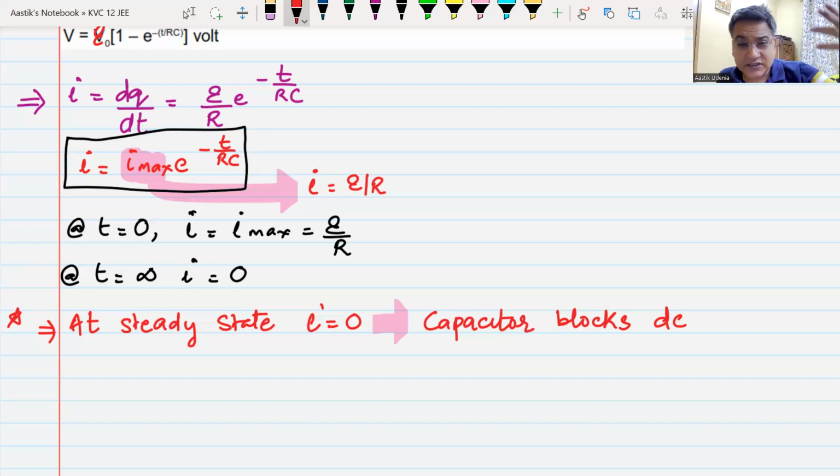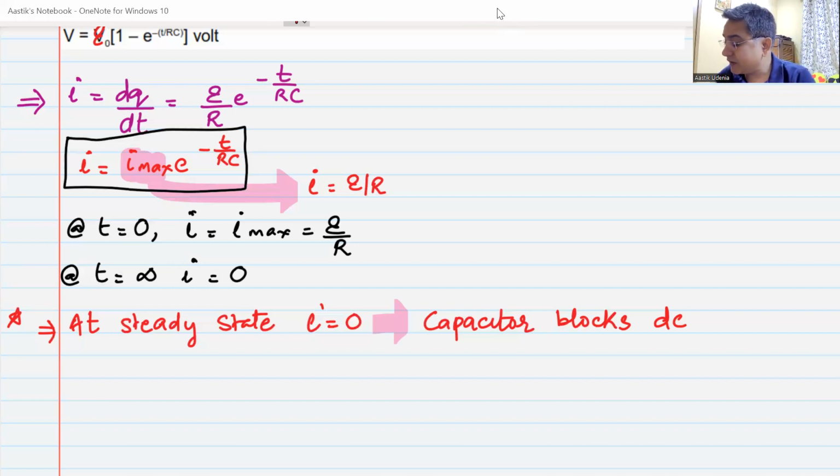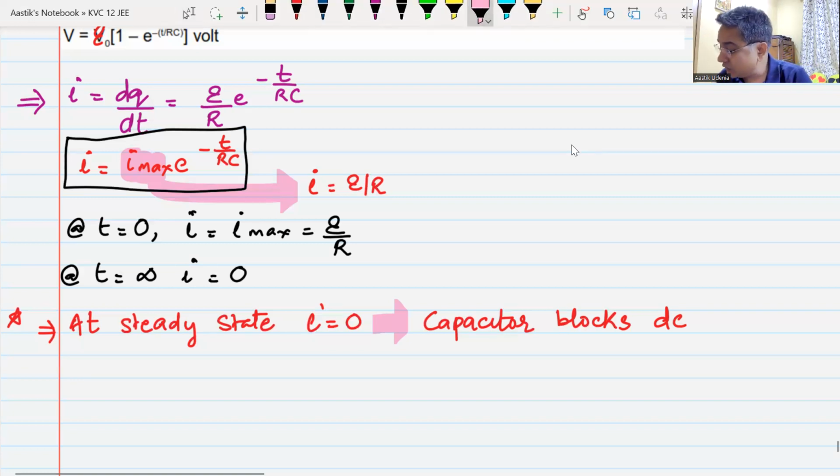When the capacitor is uncharged, it behaves as zero resistance. It does not offer any resistance to DC current. DC current flows just like that. But as soon as the charge on the capacitor starts to go up, it starts to block current and it starts to offer resistance. So I can say in that way, at time t is equal to 0, capacitor behaves as short circuit.